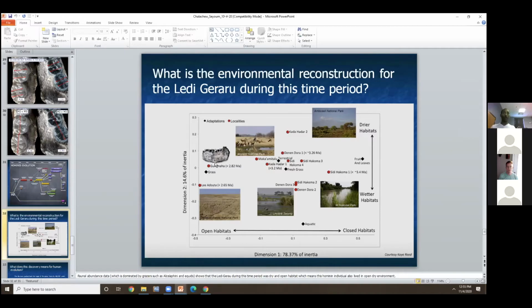So it lived, based on the faunal abundance, and we see a large number of taxa which are more grazers, which includes alcelaphines and equids, very common, and they have a higher proportion in the fossil record during this time period. So this gives us what kind of environment it lived in. This hominin specimen lived in an open, dry environment in the Hadar, in the Afar, Ledi-Geraru.